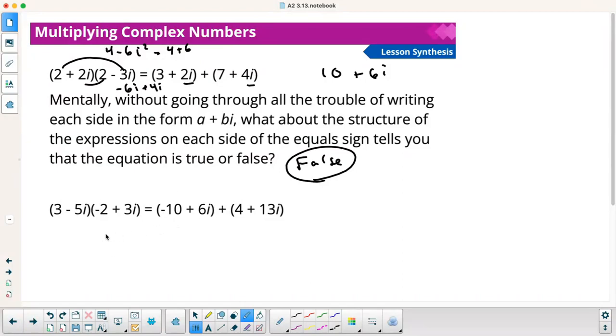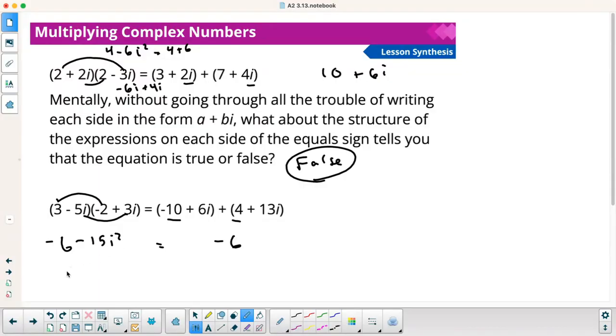All right. Here's another one very similar to that. The real numbers over here: negative 10 minus 4 is negative 6. If I go over here, I just need to multiply the reals and then the imaginaries, because that's going to give me a negative 15i squared.